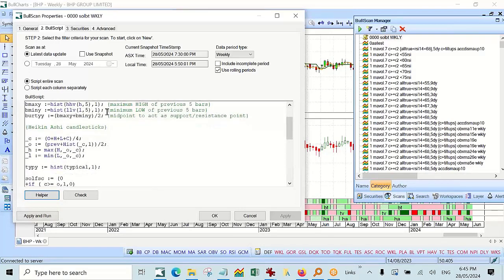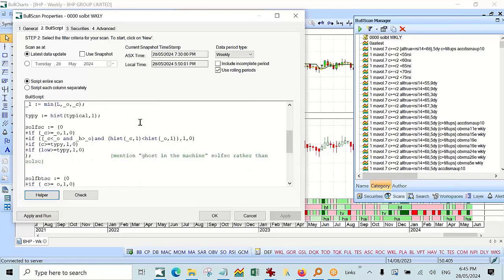Oh, just one little point here before I do the actual scan. Some of the astute viewers might notice that I put an F in the middle of the Sol, the pure Sol scan. In the one I showed you earlier on, it was SOLSC. I find out sometimes when I've invented an indicator and put it in templates and scans and all sorts, quite logically, BullCharts reads it as being established.